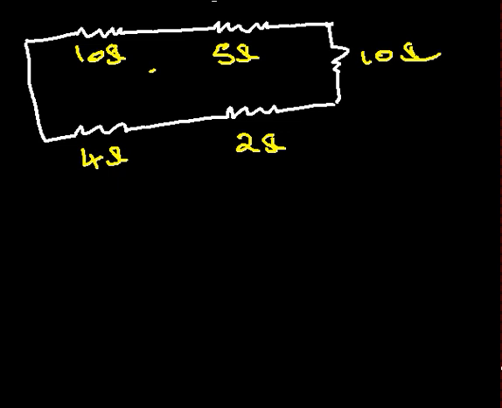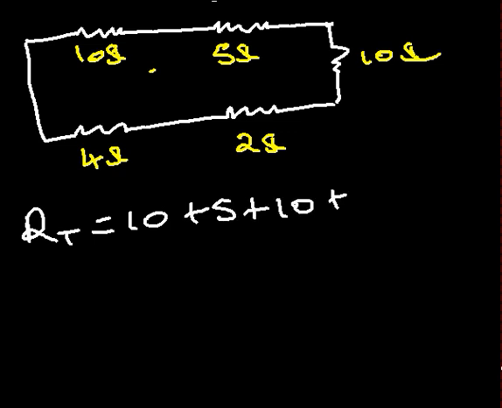This is a series circuit, where we just have to add the resistances. R total is 10 ohm plus 5 ohm plus 4 plus 2, and of course the overall unit is ohms. 10 plus 10 is 20, then 29, and then 31.